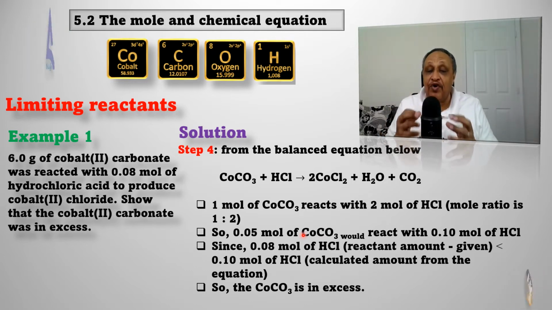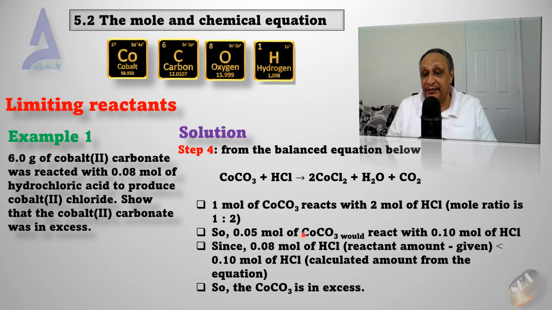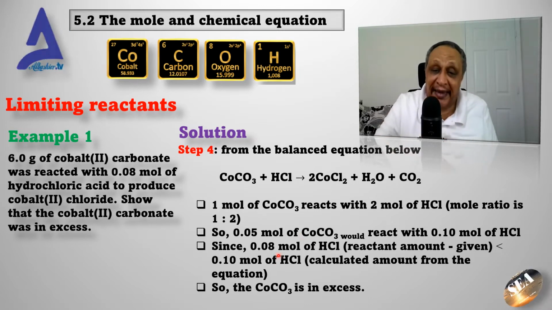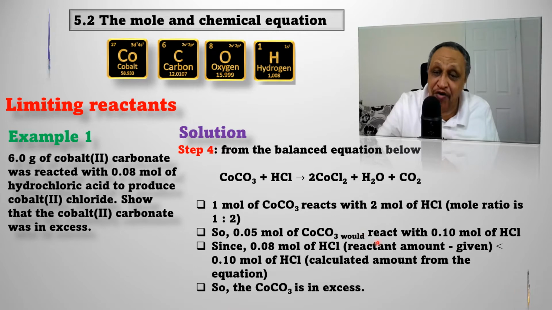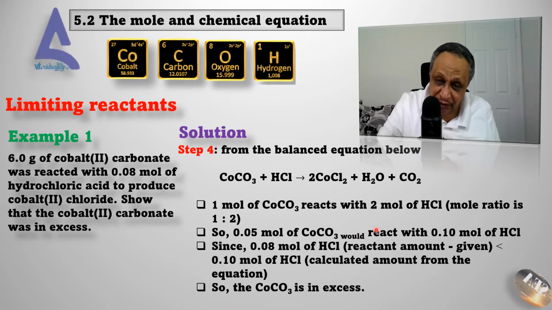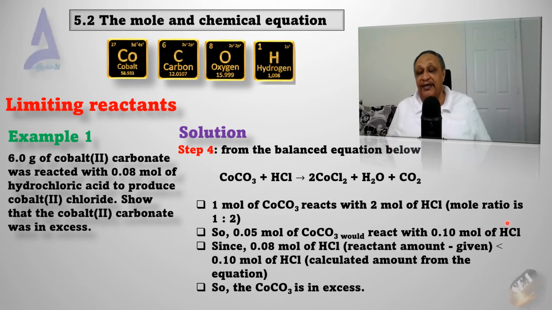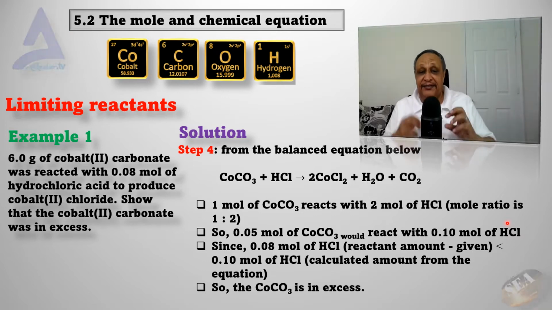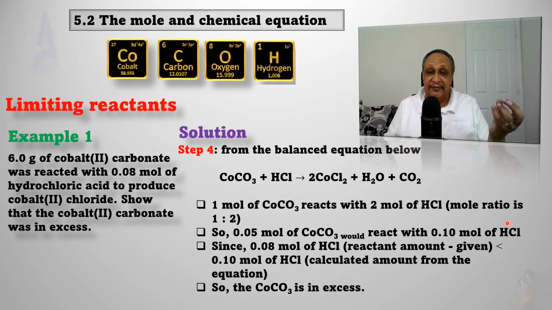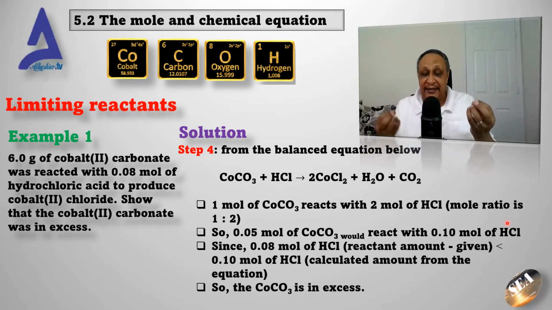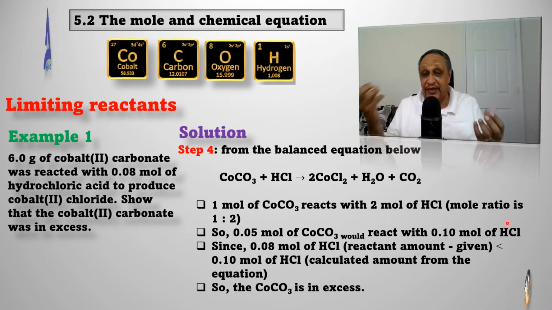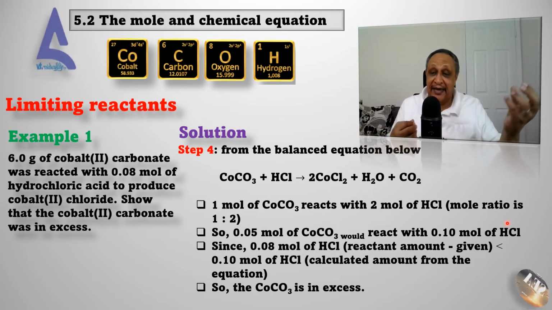If I have 0.05 mole of copper 2 carbonate, how is it going to react? How many moles of hydrochloric acid are going to be used? It is simple. If 1 reacts with 2, then 5 reacts with 10, then 50 reacts with 100.